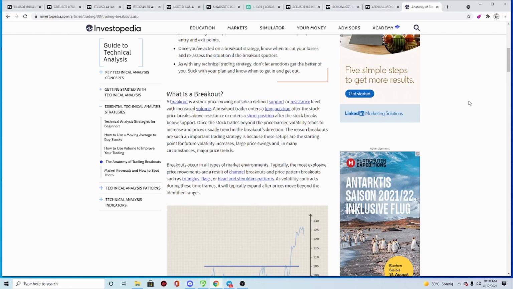A breakout is an asset price moving outside of its defined support or resistance level with increased volume. A breakout trader enters a long position after the asset price breaks above resistance or enters a short position after the asset breaks below support.